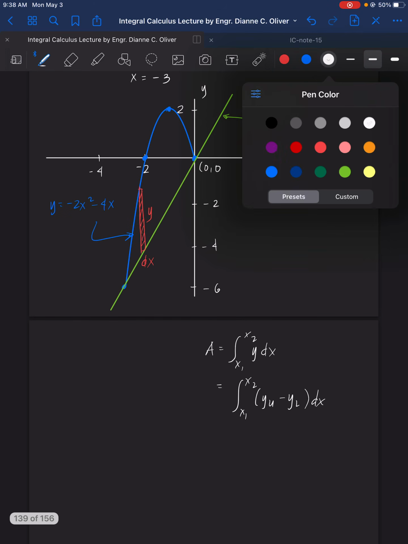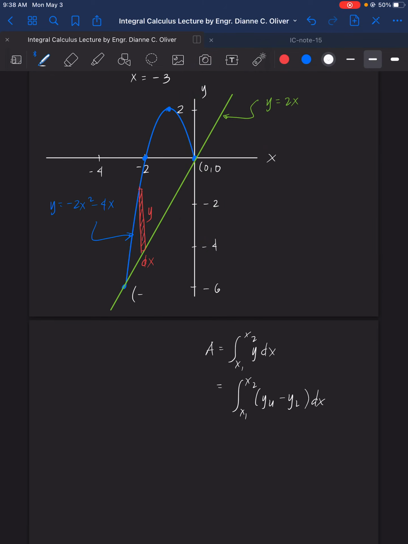Our limits here, our boundaries, are negative 3, negative 6, and 0, 0. Therefore, y upper touches the curve, so y upper here is negative 2x squared minus 4x, minus y lower, which touches the line, so 2x dx. x1 is the farthest to the left, negative 3, and x2 the farthest to the right, 0.